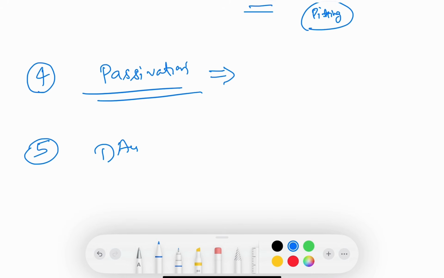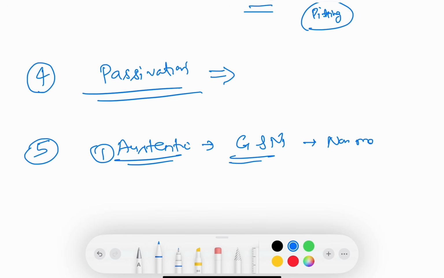The first one is austenitic stainless steel, which contains a higher amount of chromium and nickel, and it is non-magnetic as well. Another type is ferritic stainless steel, which has lower nickel content compared to austenitic, and it is magnetic.